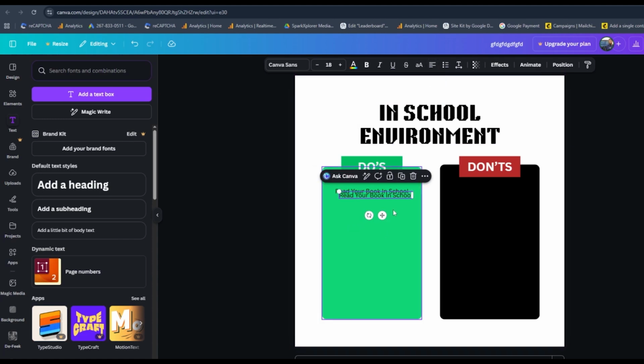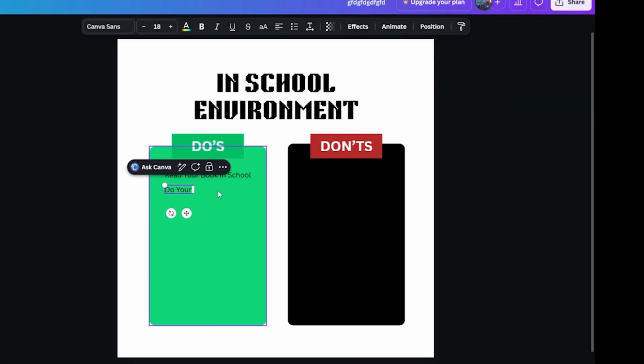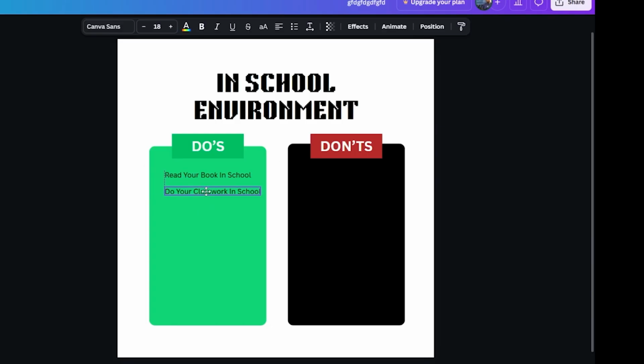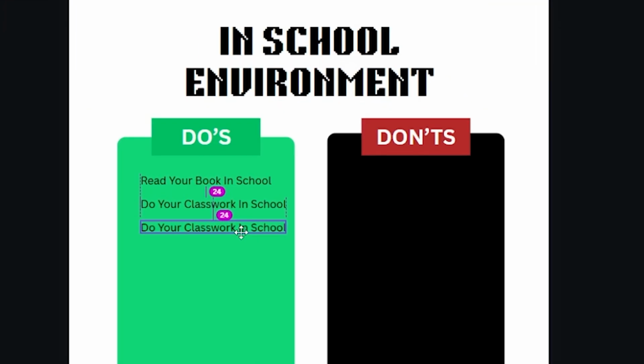So I will duplicate this. You can see it come down to the next line. Now, another thing you need to notice: the next line I want to have, the third one, you can see the space between the three texts is 24, right?